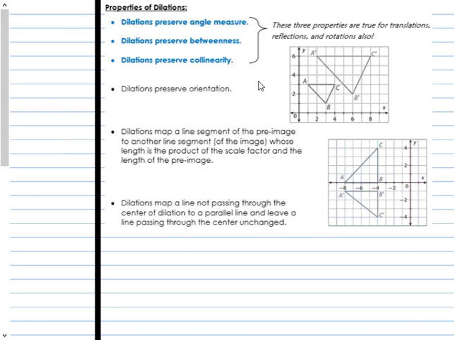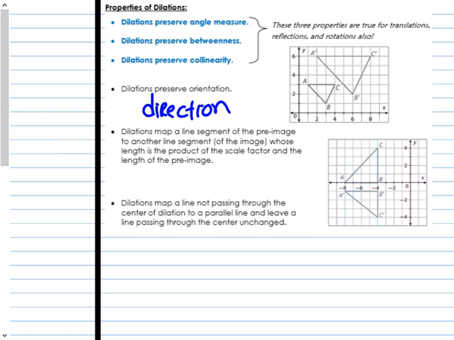If it was between A and B, it's still going to be between A prime and B prime. Dilations preserve collinearity. If it was on the same line, it's still on the same line. These three properties are also true for translations, reflections, and rotations also. The fourth one is that dilations preserve orientation, which is the direction. So it's still going to be facing the same way that it was facing beforehand.